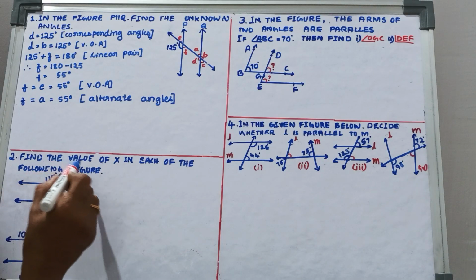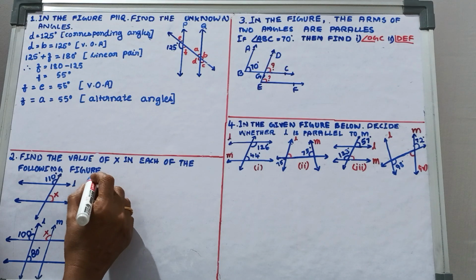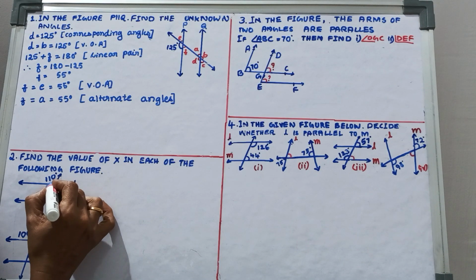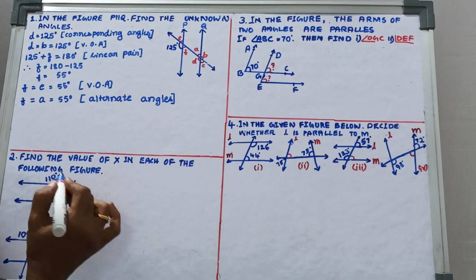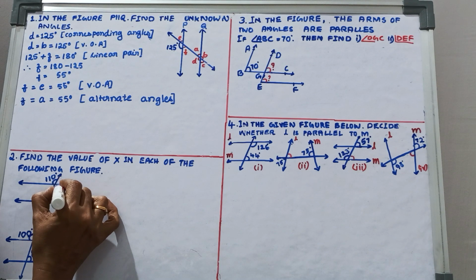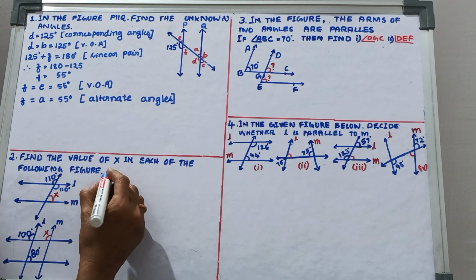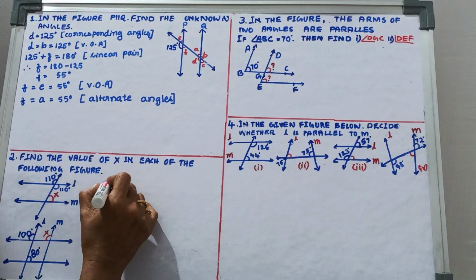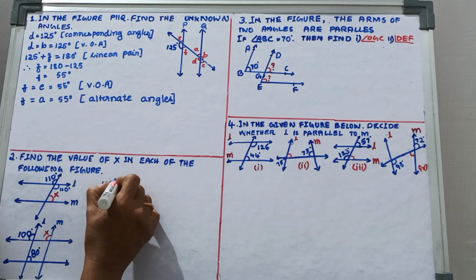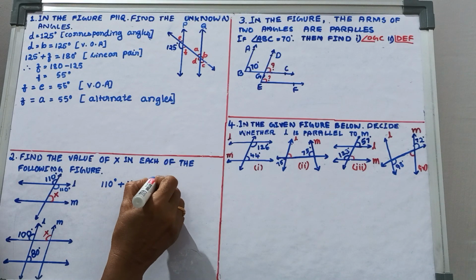Next problem, find the value of x in each of the following figure. Here 110 degree. Now this also become 110 degree because they are vertically opposite angles. Now 110 degree plus x equals 180 degree.